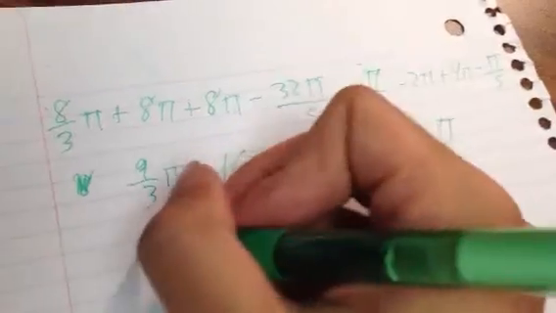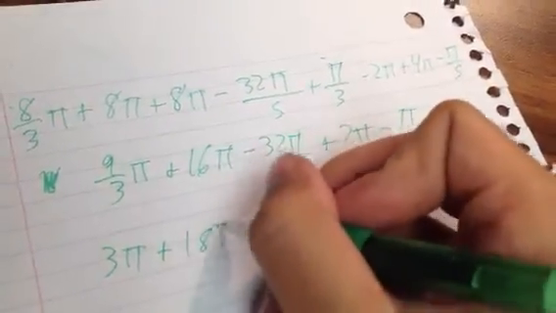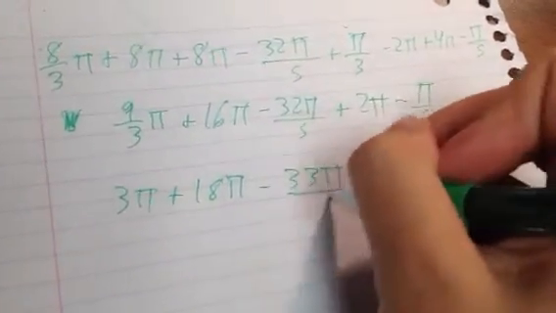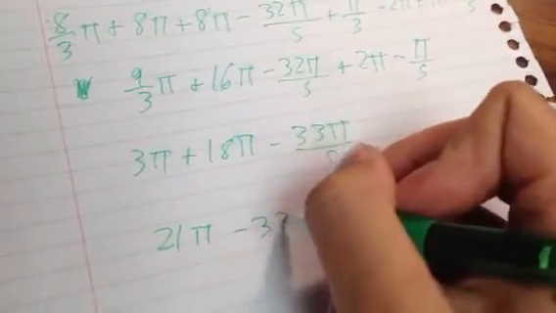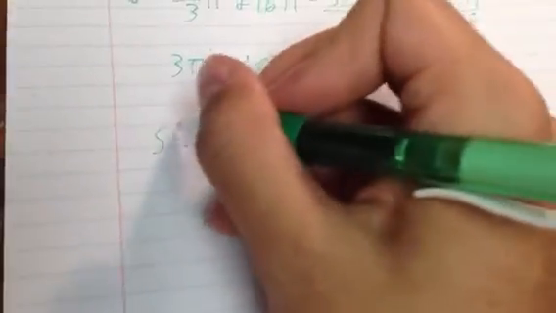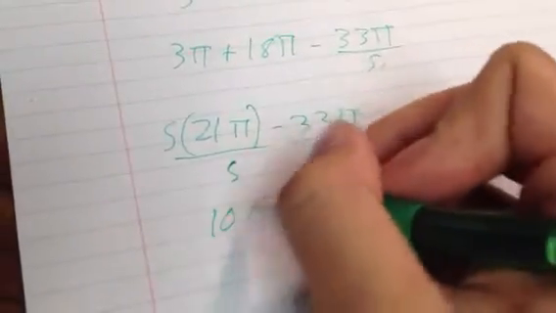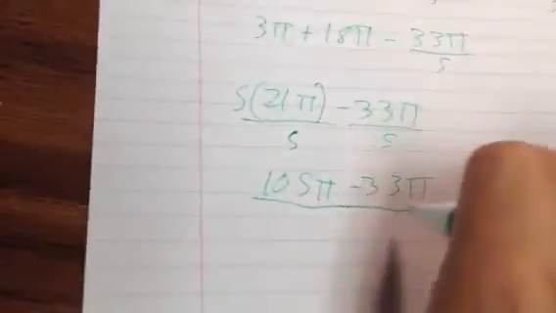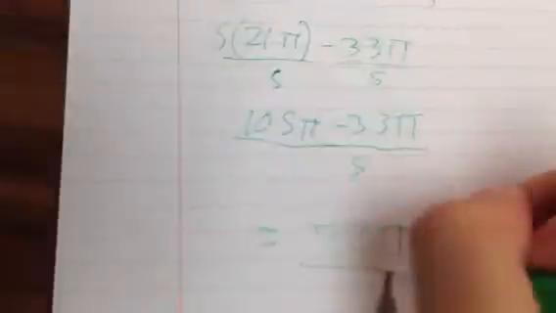This is basically 3 pi plus 18 pi minus 33 pi fifths, which is 21 pi minus 33 pi fifths. Alright, so we multiply this by 5 so we can add them together. This is going to be 105 pi minus 33 pi over 5, which is going to equal 72 pi over 5.